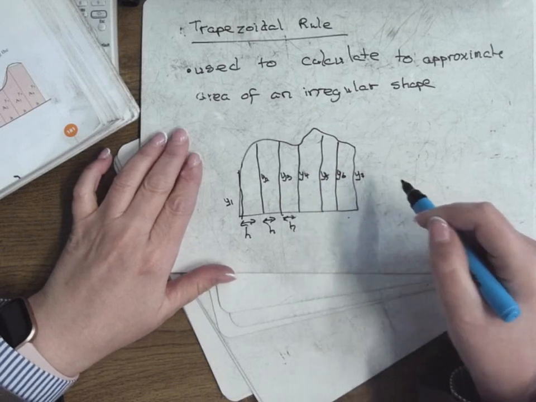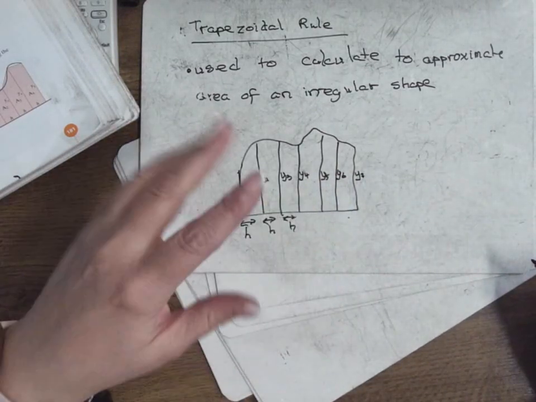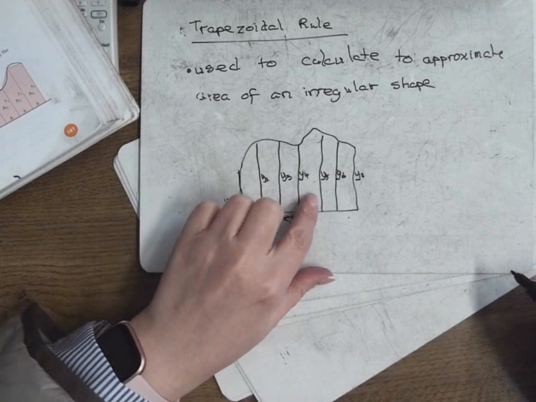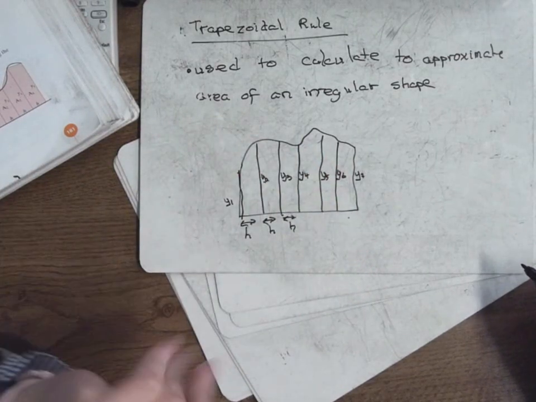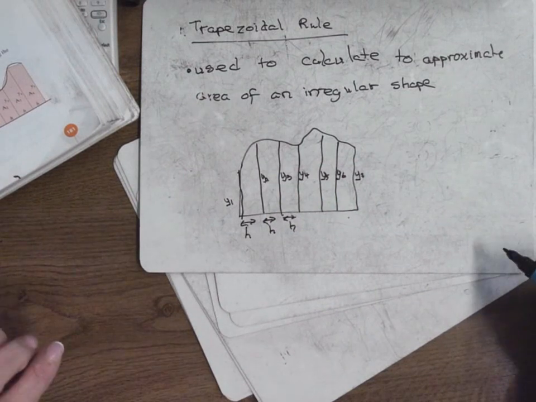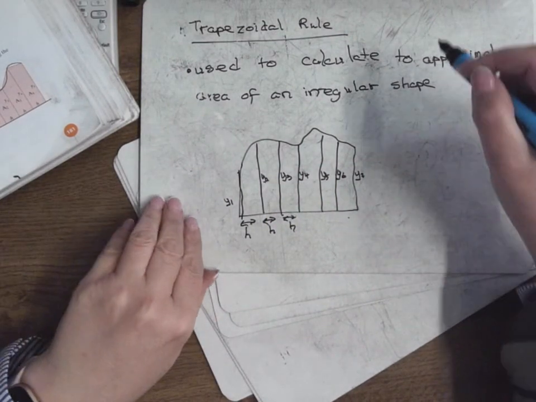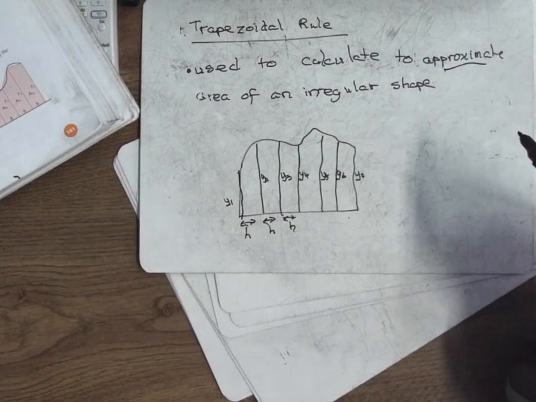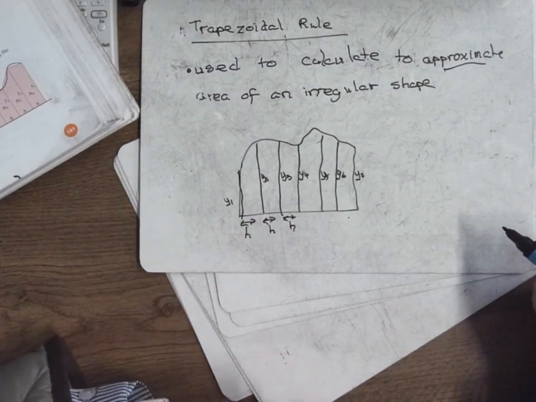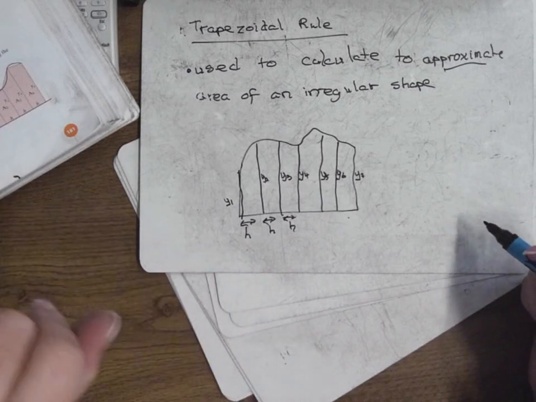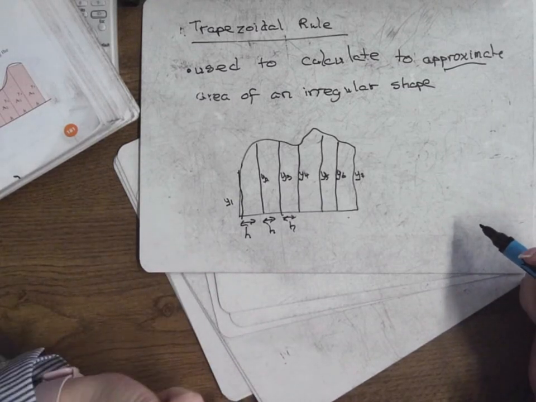There's no set amount of vertical lines you should draw. You can draw any amount you want. The more you draw, the more accurate your answer. Remember, it's an approximate area. But to be honest, they'll be drawn for you. You won't have to choose how many to draw.